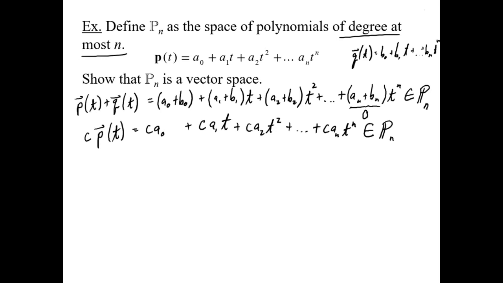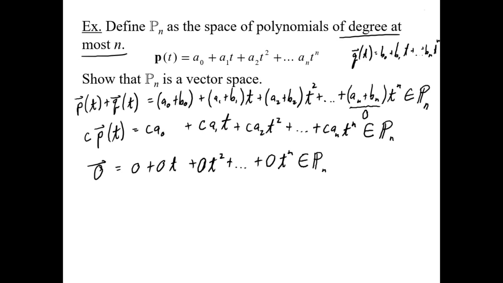Great. The zero vector is in there. The zero vector is just going to be 0 plus 0t plus 0t squared plus dot dot dot plus 0t to the n. Now, again, we want to be careful. This is not a polynomial of degree n. This is a polynomial of degree 0. But that's okay, because polynomials of degree 0 are still in this set.